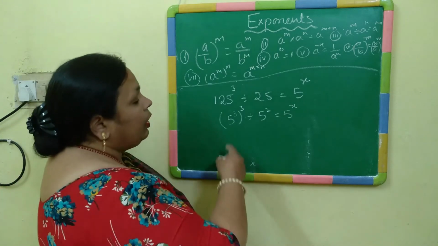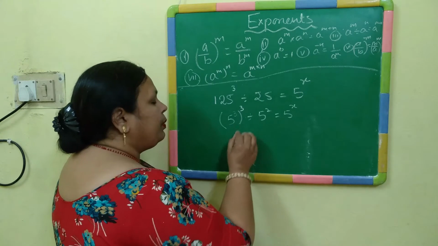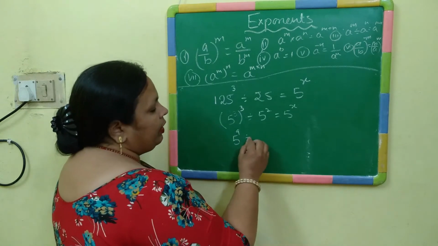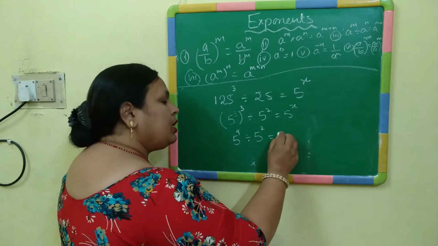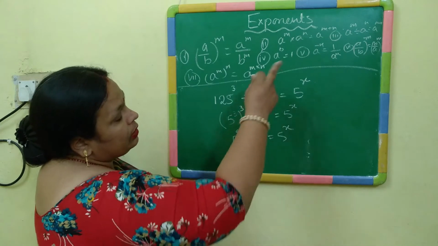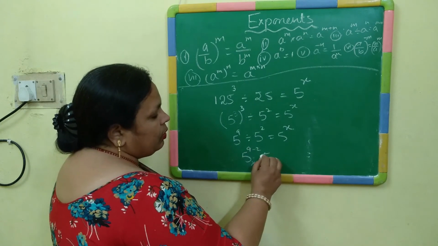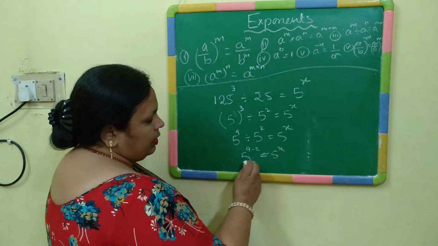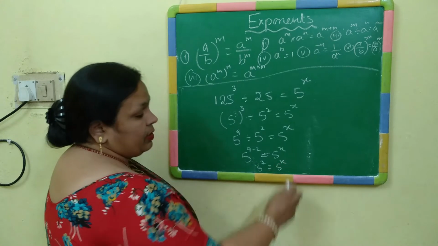Now as per the rule 7, this becomes 5 power 9 divided by 5 power 2 is equal to 5 power x. Now using the third rule, 5 power 9 minus 2 is equal to 5 power x. 5 power 7 is equal to 5 power x.